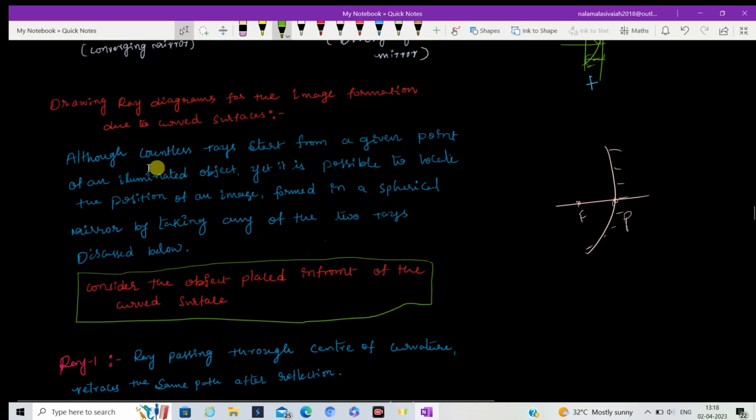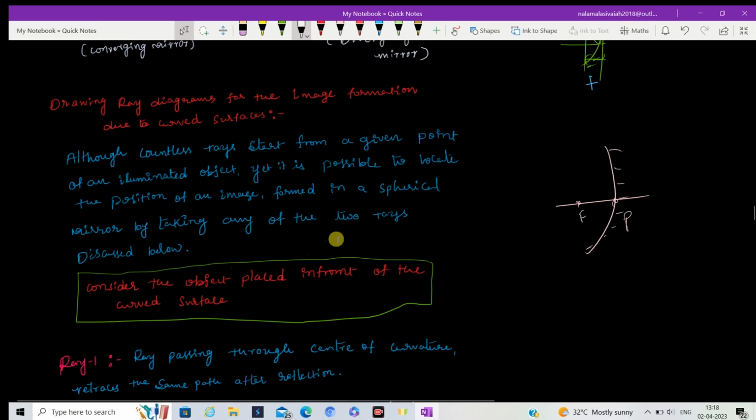You can see here, although countless rays start from a given point of an illuminated object, the object which is giving the light, yet it is possible to locate the position of an image formed by a spherical mirror by taking any 2 light rays.